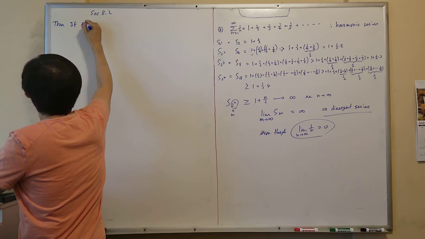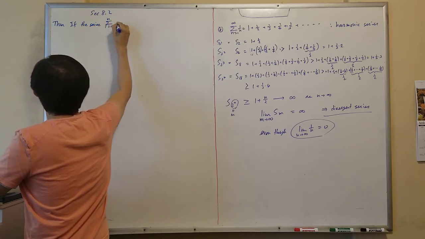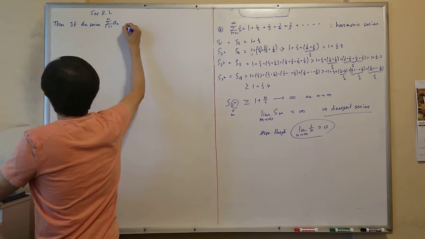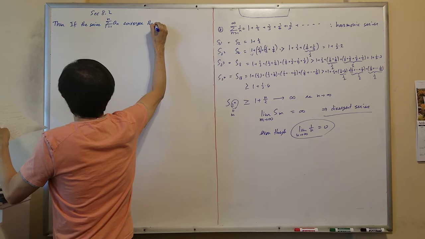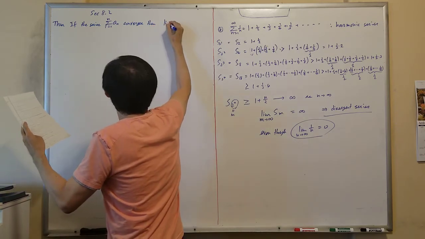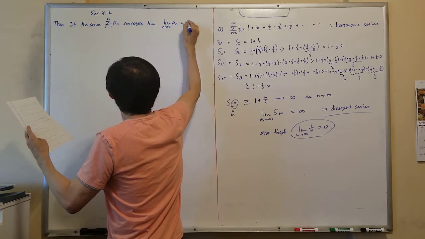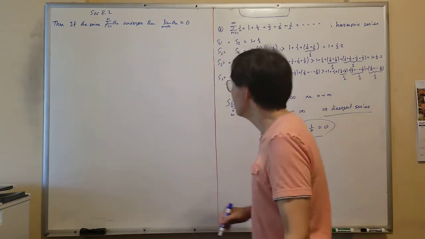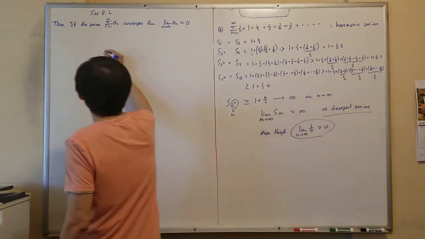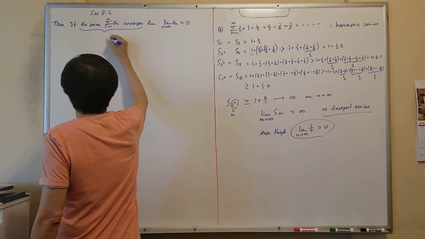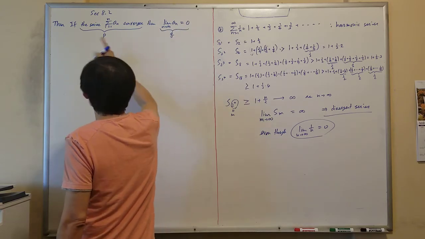If the series converges, then the limit of a_n not only exists, but it has to be 0. This is very important here. So you can call this the hypothesis, and this the conclusion. If P then Q structure.